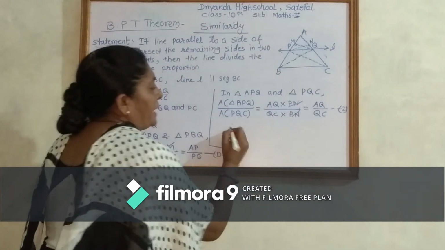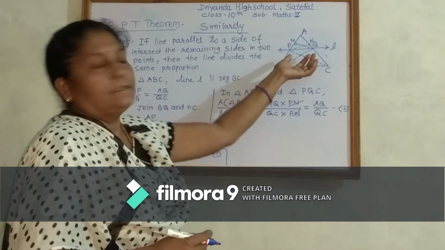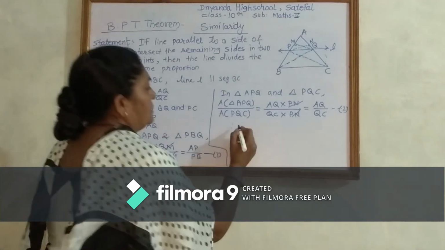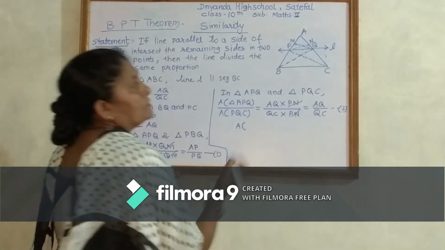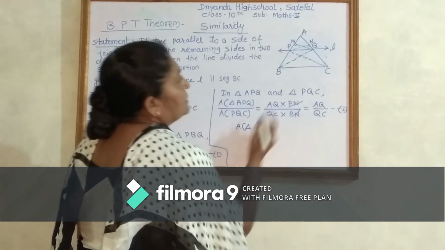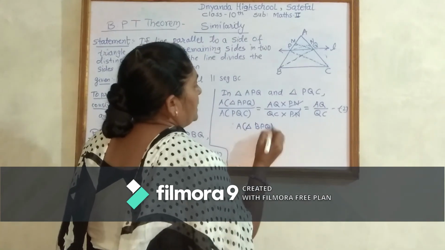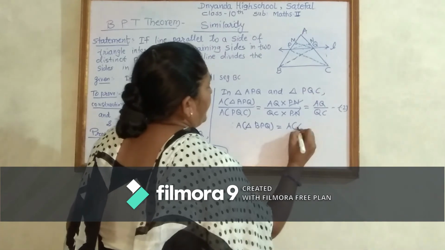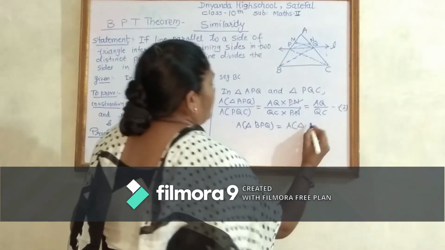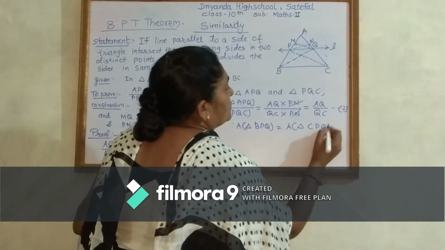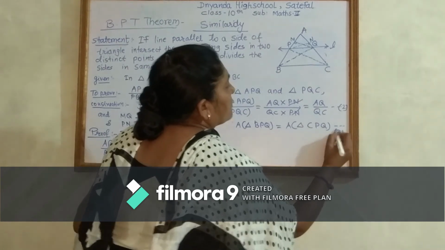Therefore, the areas of both triangles are equal: area of triangle BPQ is equal to area of triangle CPQ. This is the third equation.